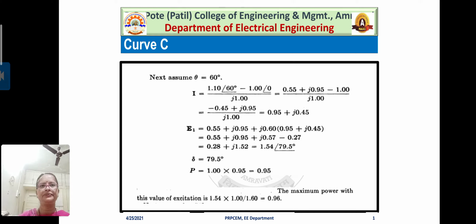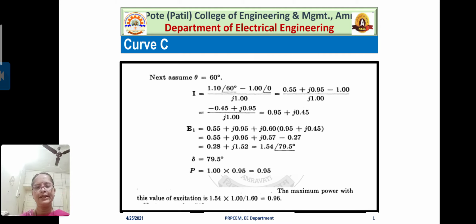Calculate I. By this time it is V1 minus V2 upon total reactance. V1 is 1.10 at an angle theta, and theta is now 60 degrees. So 1.10 at an angle of 60 degrees minus 1 at an angle of 0, divided by total reactance.